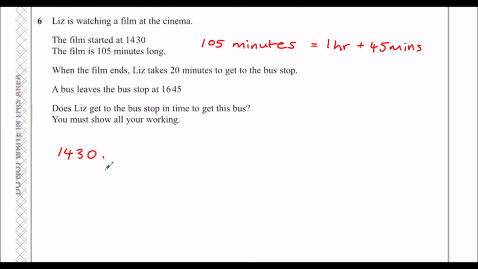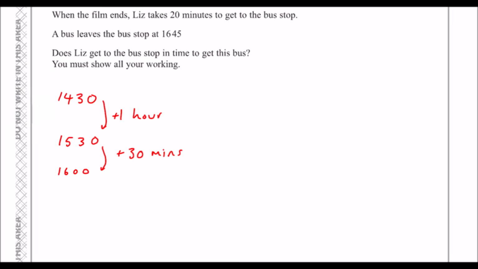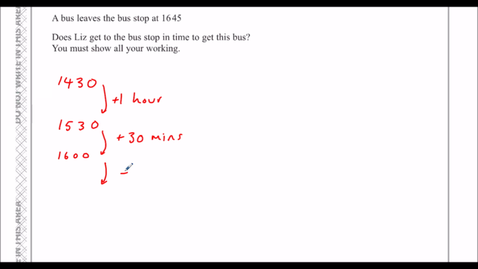So I'm going to add on 1 hour, which will get me to 15:30. And then add on 45 minutes. So if I add on 30 minutes, that will get me to 16:00. And then 15 minutes, so 30 and 15 make the 45. So that's 16:15. That's when the film ends.